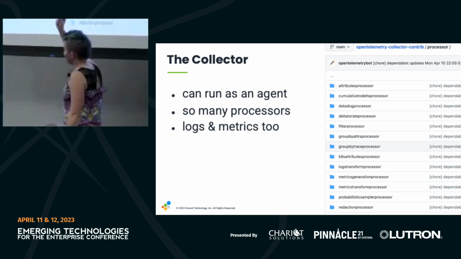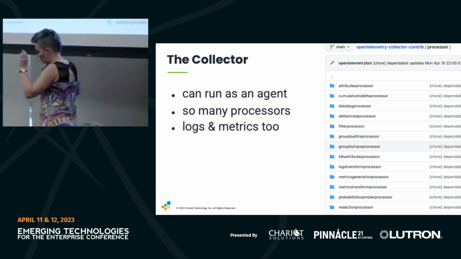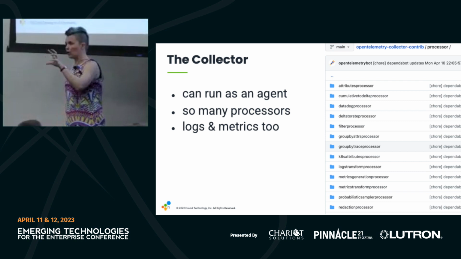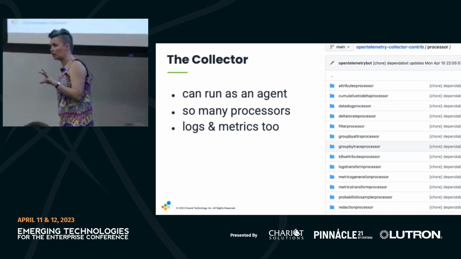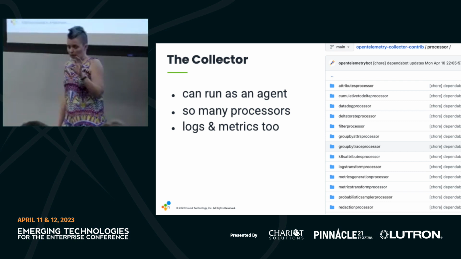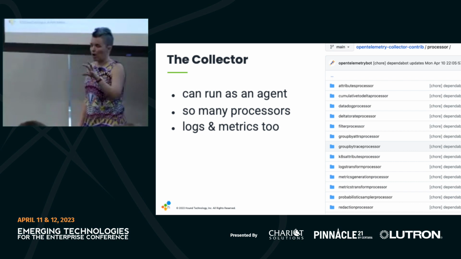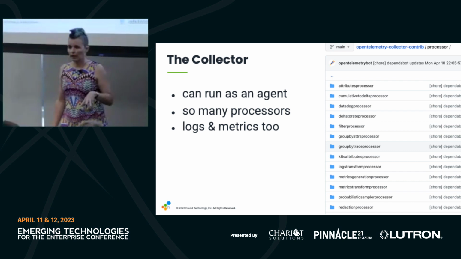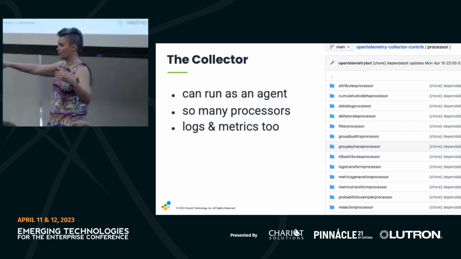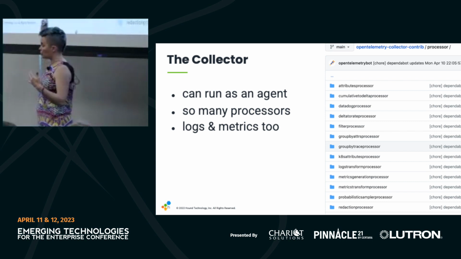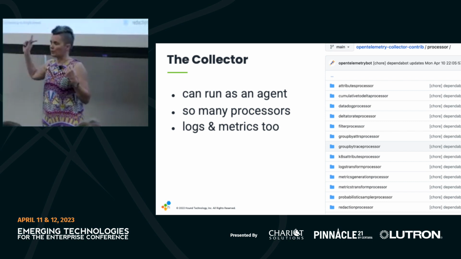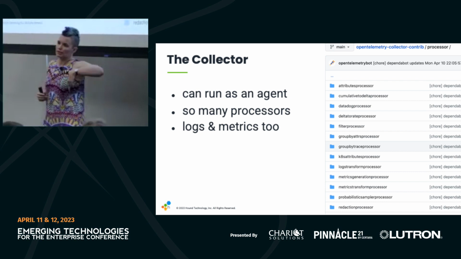Oh, and it can run as an agent, so you can also drop a collector. It's quite common really to drop a collector in as a sidecar on whatever machine or pod your services are running in, and have it collect and then forward onto a central collector. Also, the OpenTelemetry collector can sit there and gather metrics.